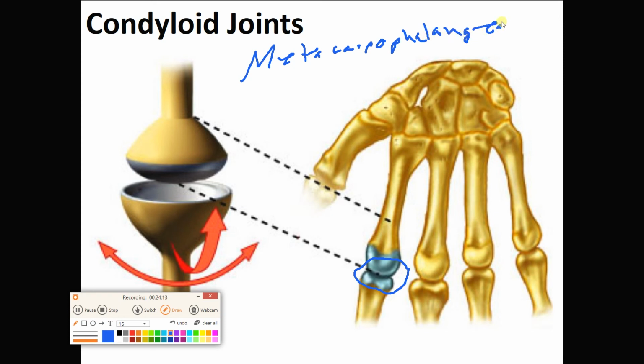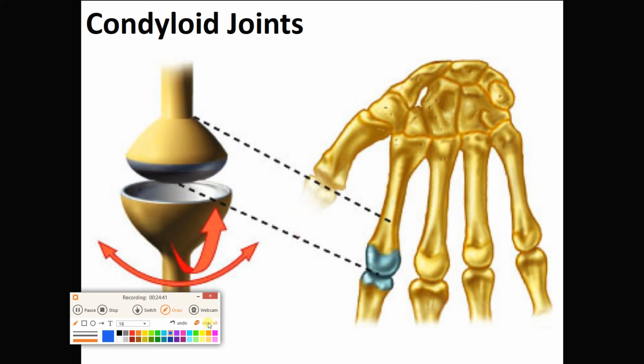It's between the metacarpal and that proximal phalanx. A condyloid joint is kind of like a mini ball and socket. Like it's not quite a ball and not quite a socket, but it's almost there. And these metacarpophalangeal ones, remember they were the biaxial ones, the ones where you could move in 2 planes.